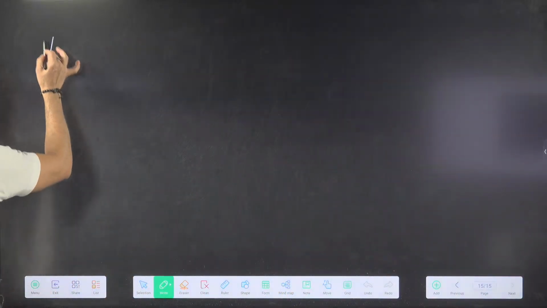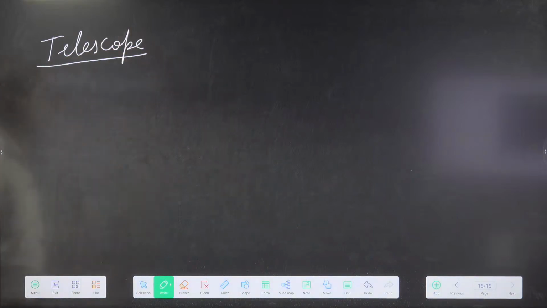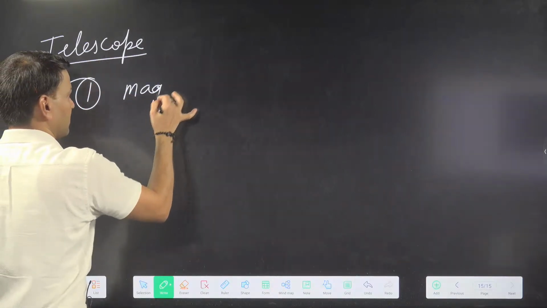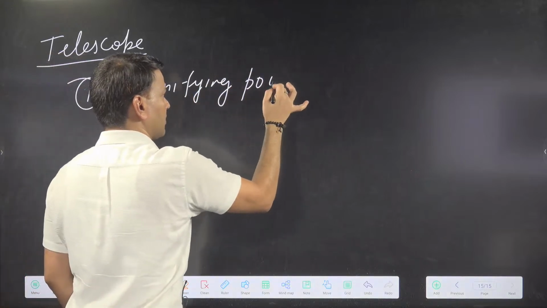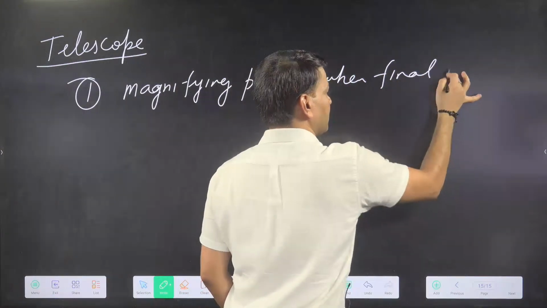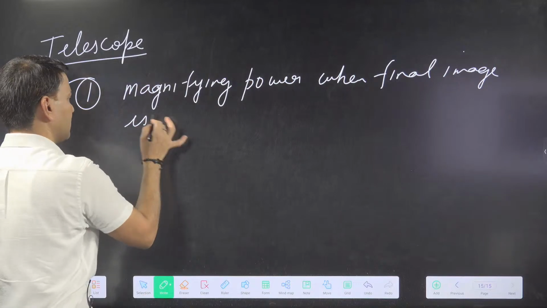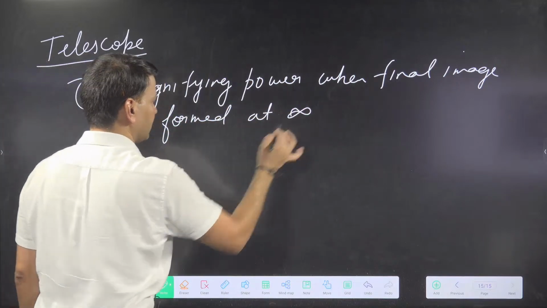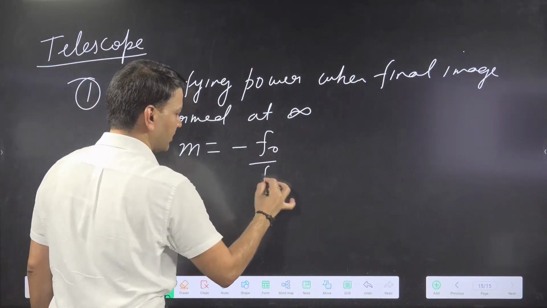So for the telescope, number one, that magnifying power when final image is formed at infinity, then M we write as minus FO by FE.